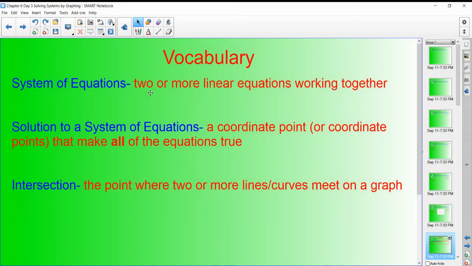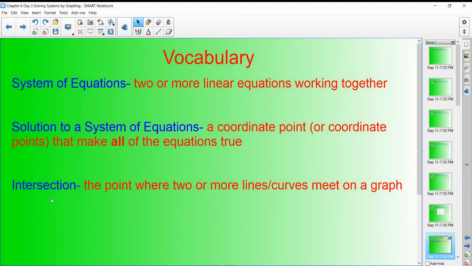So the system is just two or more equations working together like a machine. Got 2 steps, maybe 3 steps. Now a solution is whatever coordinate point, and there could be multiple, that make all of the equations true. So since we're going to be dealing with x, y coordinate points, we're going to have an x, y value that we could substitute into every equation and make it true.